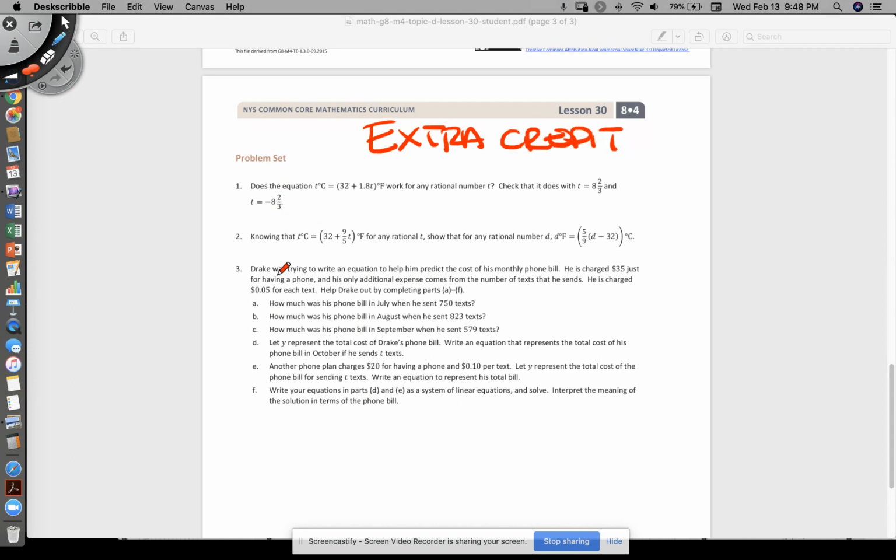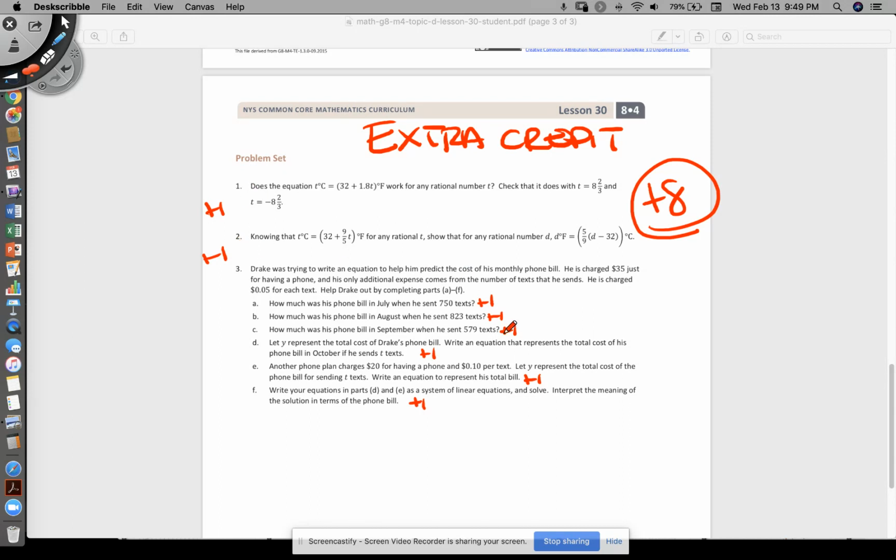So each of these is worth 1 point. So this would be 1, 1, and then down here, 1, 1, 1, 1, 1, and 1. So 1, 2, 3, 4, 5, 6, 7, 8. You have a possible of 8 points extra credit, just if you do this back side.